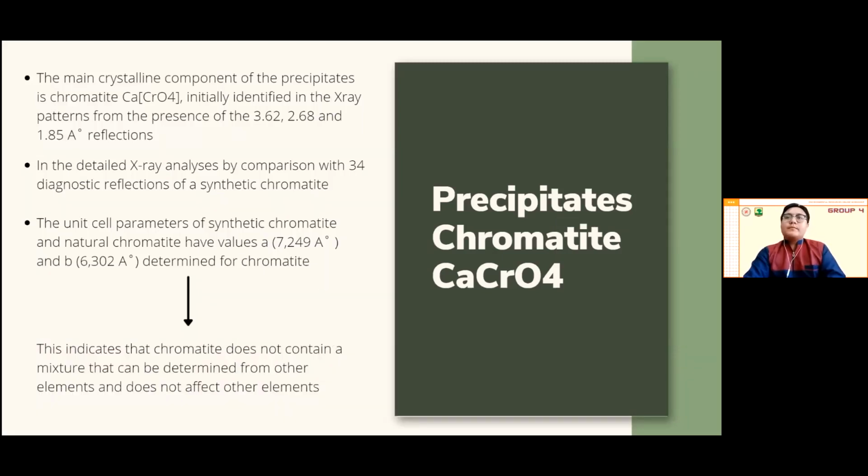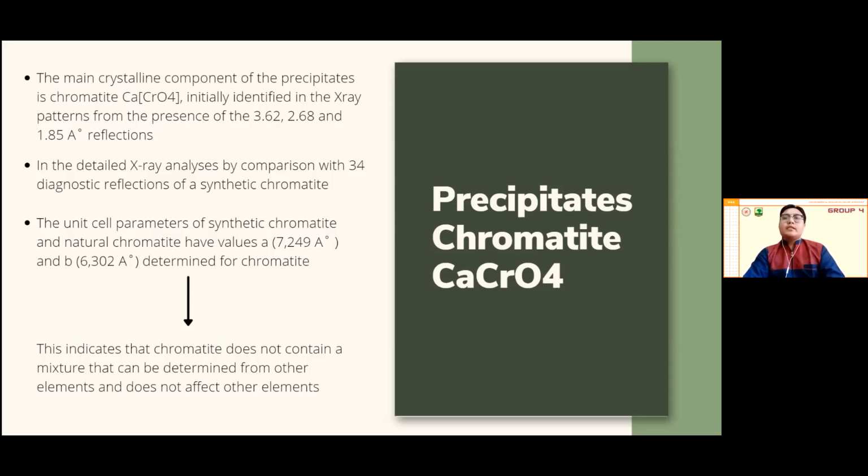So in the precipitates, chromatite, as shown in graphic 3, is the main crystalline component. In the detailed X-ray analysis, by comparison with 34 diagnostic reflections of synthetic chromatite, the unit cell parameters of synthetic chromatite have values A and B determined for chromatite.